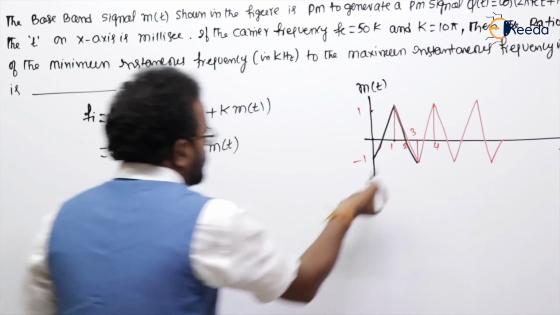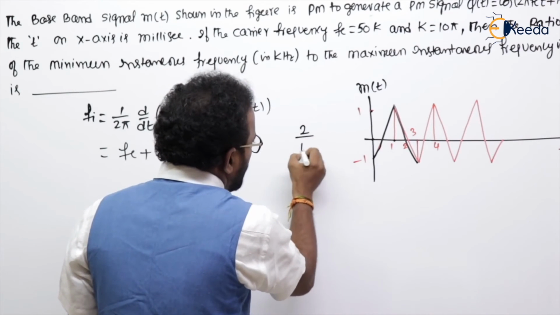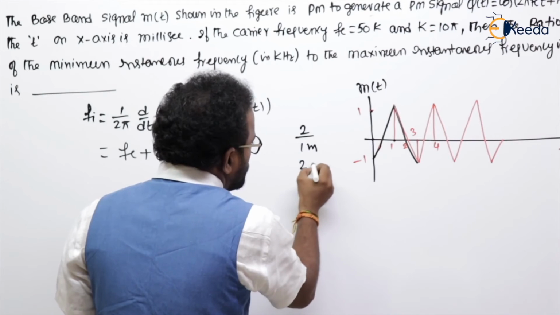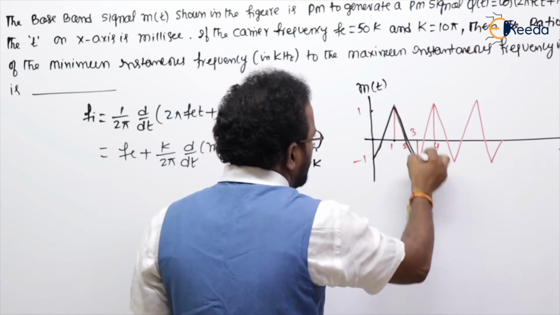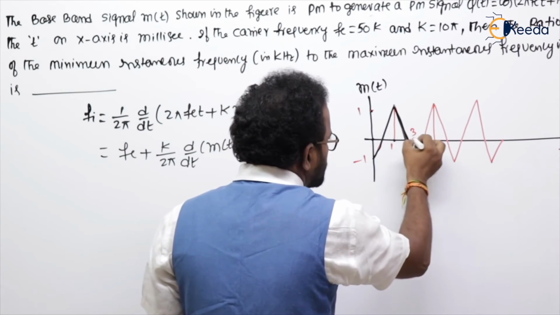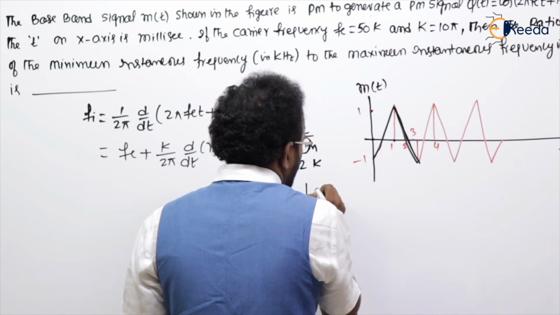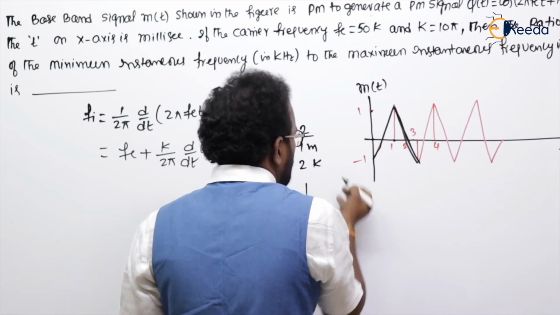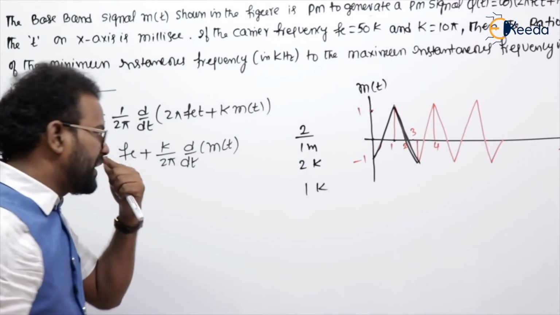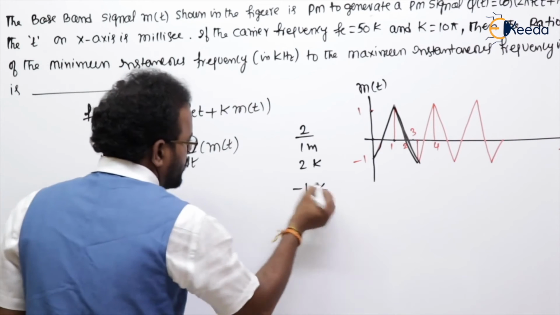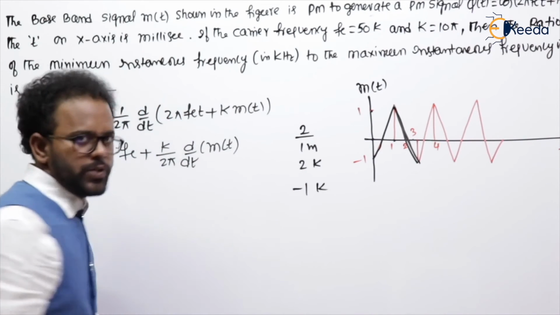So the slope is 2 by 1, where 1 means milli, so 2 kilo. And what is the slope of the decreasing one? The change in y is 2 and in x is also 2, so 1 by 1 milli, that is 1 kilo. Are you getting my point? Decreasing means negative slope, increasing means positive.